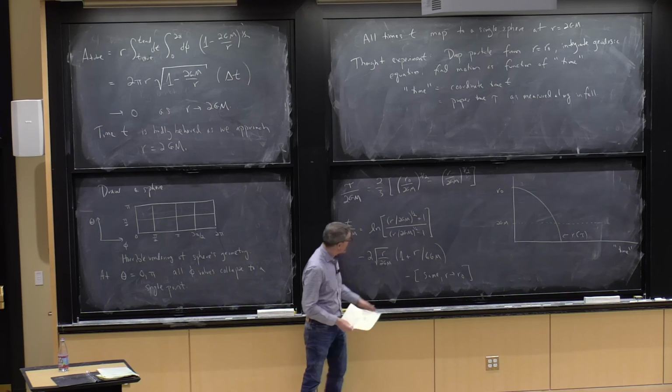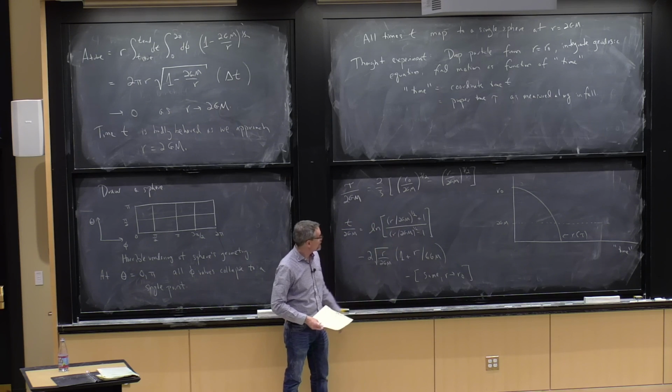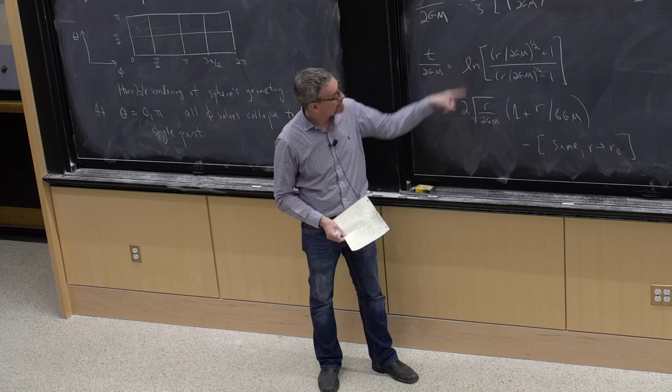Okay, so what I mean on this last line is, if you want to give the complete solution, just write both of these functions down again, subtract them off, replace the r's with r0.